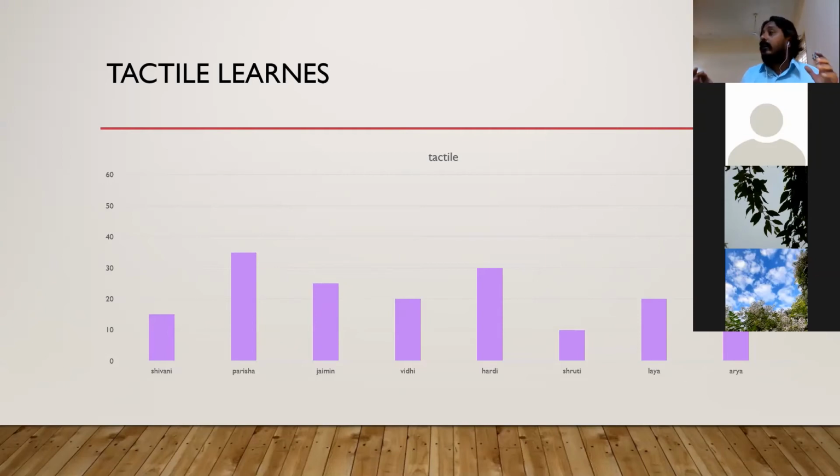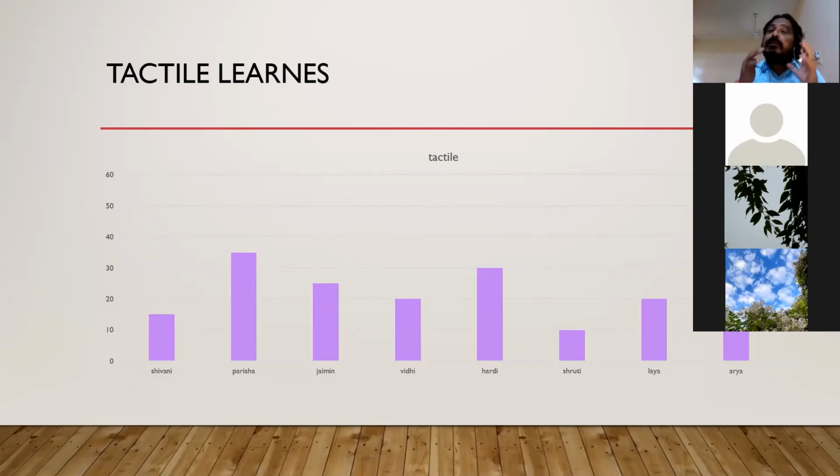So again, when you have this profile, you can't have cluttered benches in the class. You need open space. If you have lots of visual learners in your class, you don't require a small blackboard. You require a huge projection.